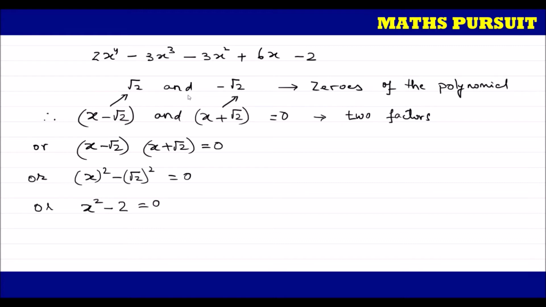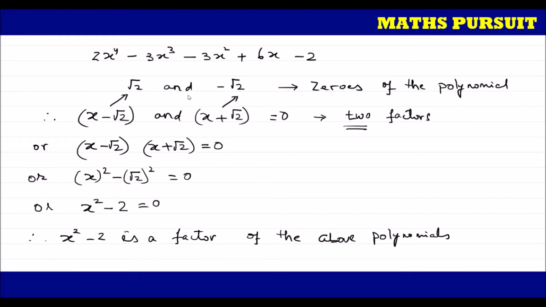Therefore x square minus 2 is a factor. Now we got one factor of the given polynomial.